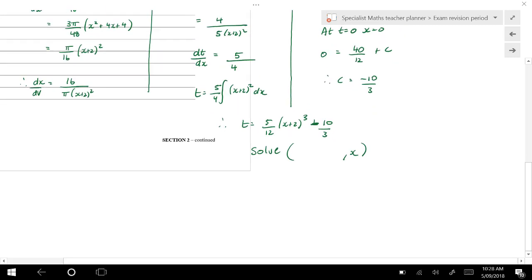Why don't we just get x by itself? So t plus 10 on 3 times by 12 over 5 is equal to x plus 2 cubed. Now we want the cube root of that.